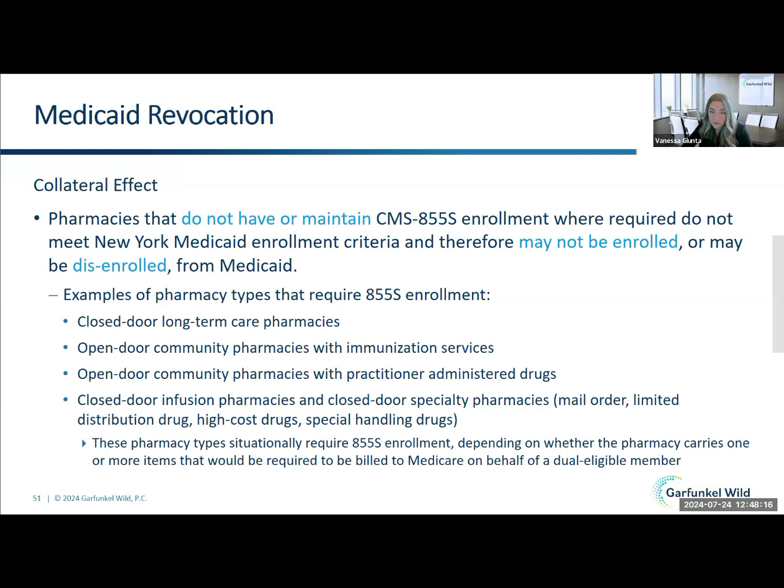And examples of pharmacy types that do require 855S enrollment include closed door, long-term care pharmacies, open door community pharmacies who are also providing immunization services, open door community pharmacies with practitioner administered drugs, and closed door infusion and specialty pharmacies. So the majority of the pharmacies are going to need this enrollment.